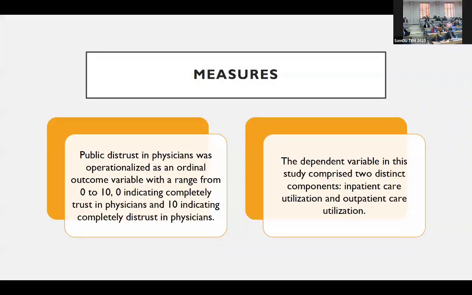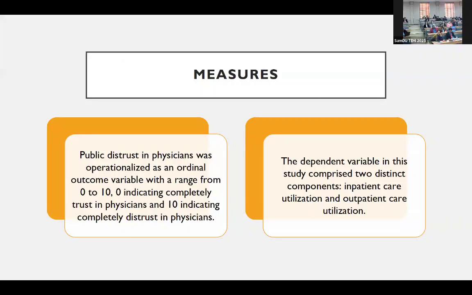Next is the measurement. Public distrust in physicians is the key independent variable. We ask respondents about their distrust of physicians, ranging from 0 to 10, where 0 means completely trusting physicians and 10 means completely distrusting them.